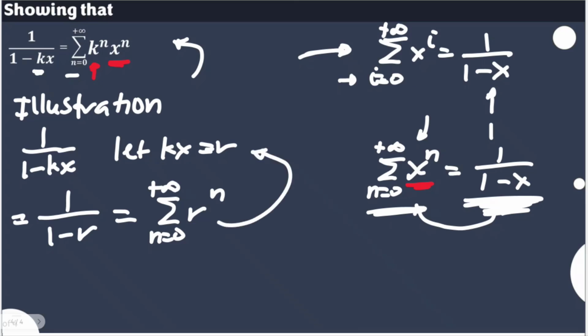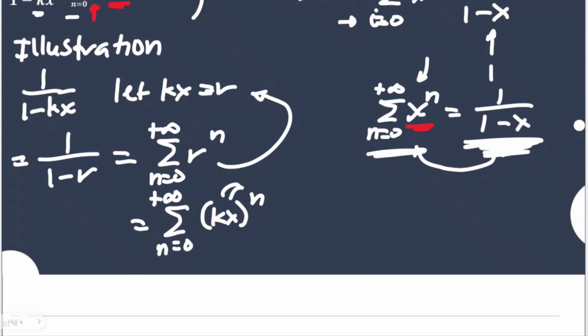r is actually kx. So this is equal to the summation of kx raised to n, as n starts from 0 to positive infinity. By the use of the power law, we can now say that this is just equal to the summation of k to the power of n, x to the power of n, as n equals 0 to positive infinity.